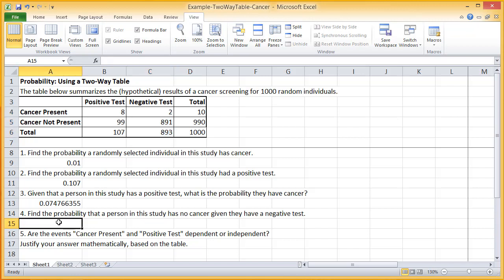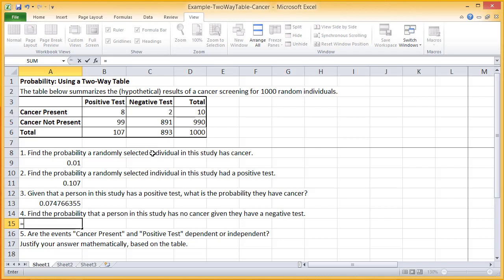So what are we looking for from those 893 people? We're looking for has no cancer. The probability they have no cancer given that they have a negative test equals, the numerator is how many of those people who had a negative test did not have cancer, 891.